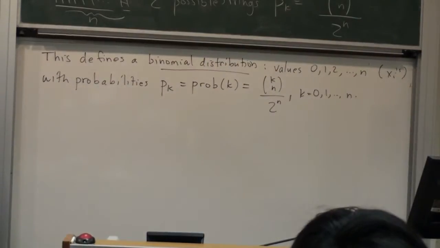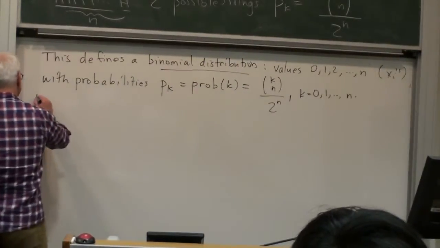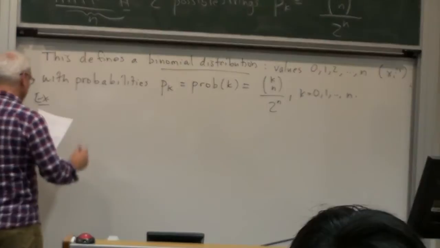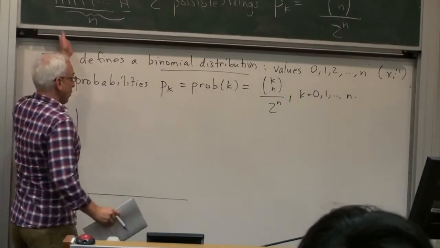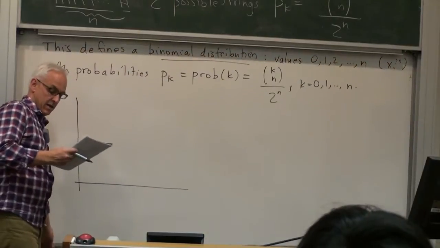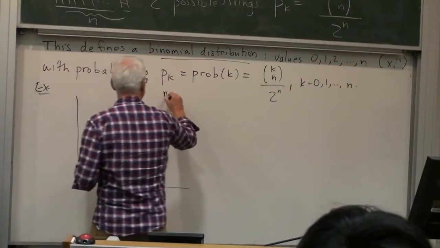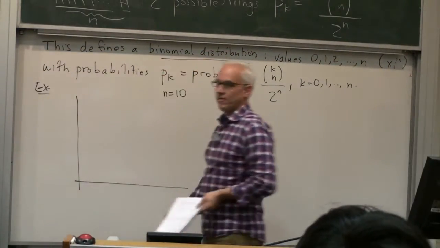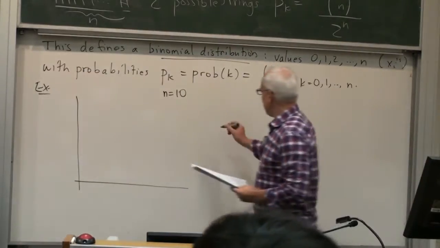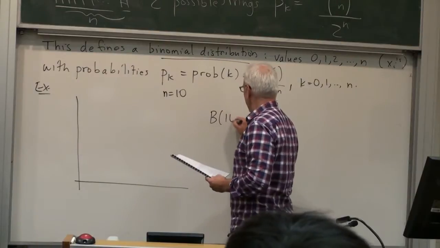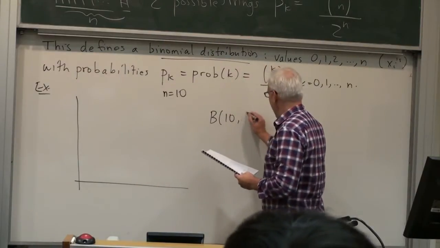And we can graph this. So for example, here's a somewhat accurate graph, as best as I can do here, when we have, say, n equals 10 flips. Okay, so this is sometimes called B10, and there's a half.